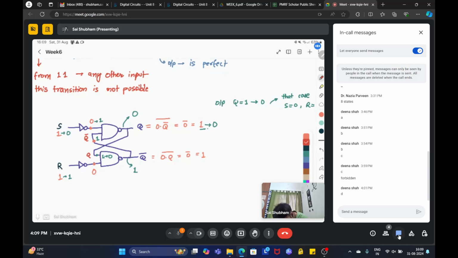So 0 and Q will make this 1. Similarly, 0 and Q bar, this will be 1. So 1 and 1. Now when you make this from 1 to 0, this will be 0 to 1, and 1 1 will give this output as 0, and this output will go over here. This is 0 0 0, this will be 1.